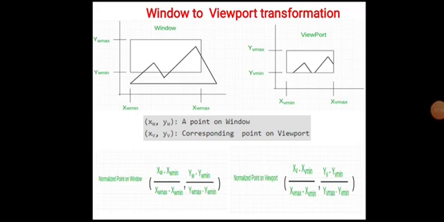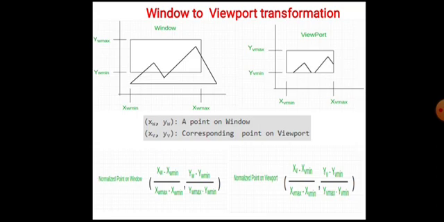Here, figure 1 shows the window and figure 2 shows the viewport. XW and YW is a point on the window, XV and YV is the corresponding point on the viewport. The normalized point on the window is given by XW minus XW minimum divided by XW max minus XW minimum, and the Y coordinate is given by YW minus YW minimum divided by YW max minus YW minimum.